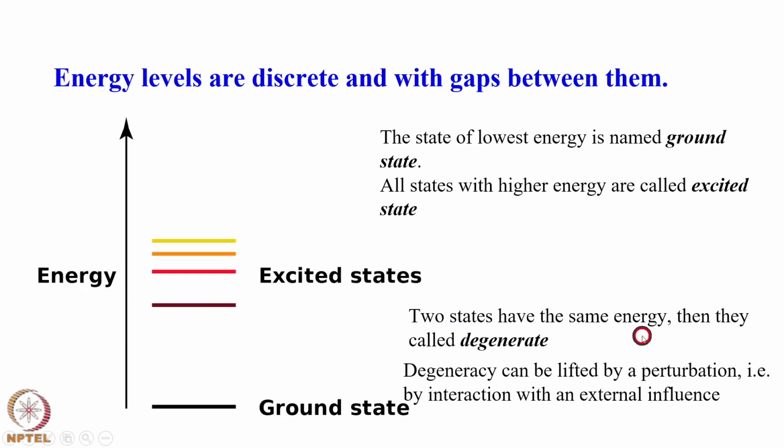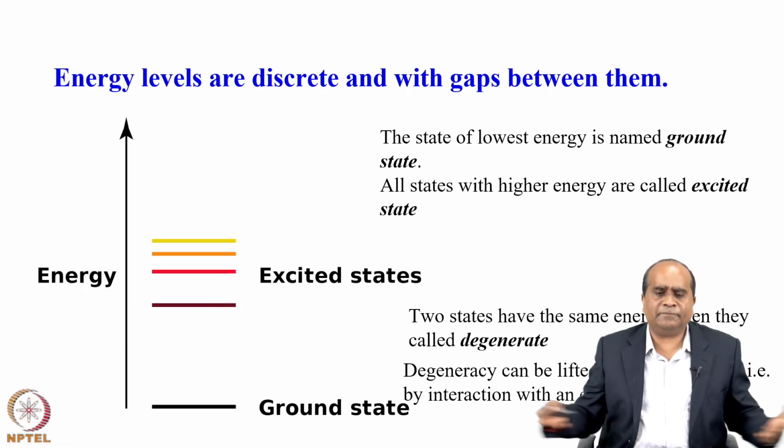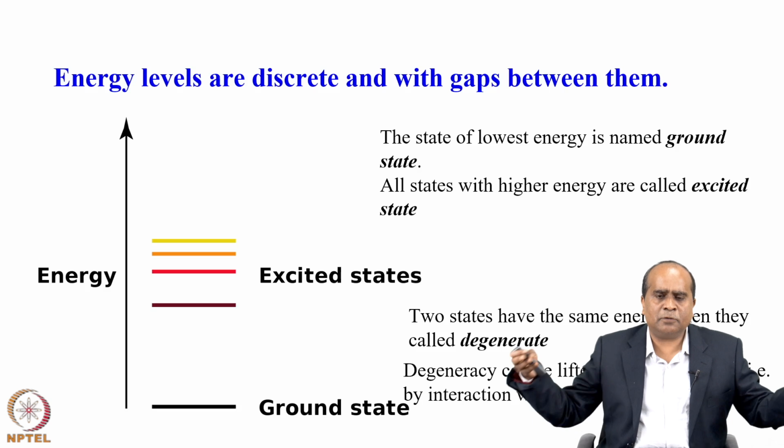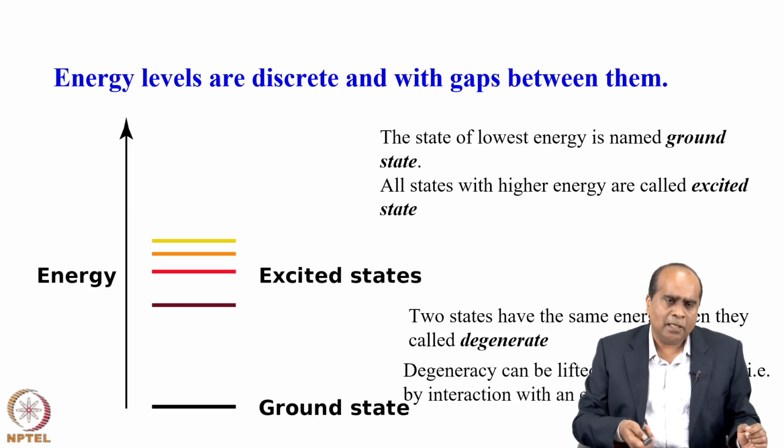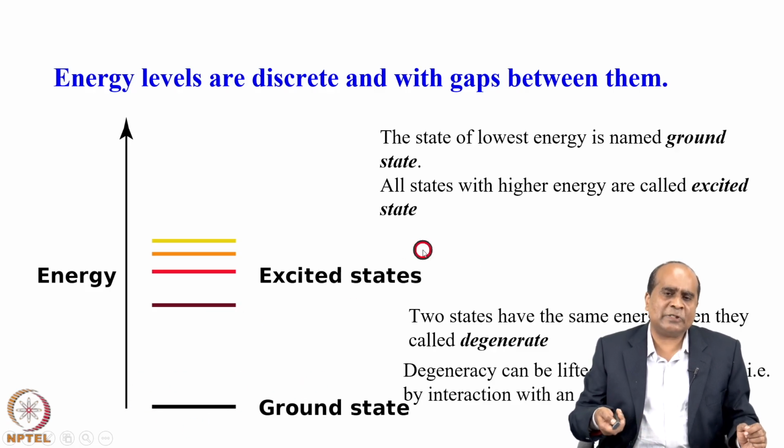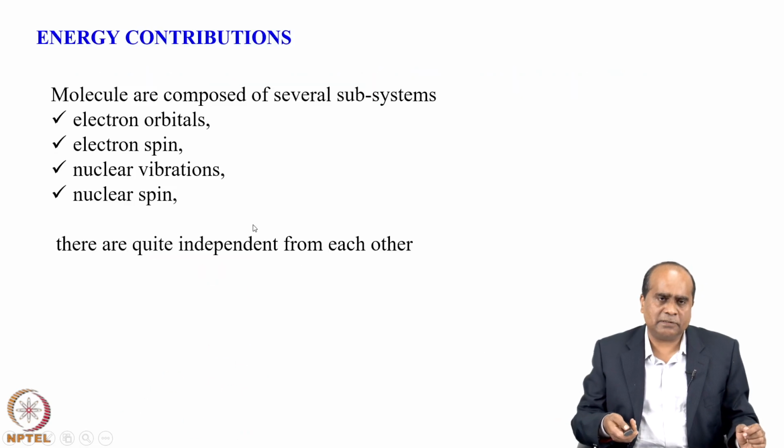So one has to lift that by putting some perturbation, the interaction or influence of some external stimulus. In NMR spectroscopy we lift that degeneracy by putting the molecule in a magnetic field. So in many spectroscopies that lifting of degeneracy is required, but essentially in a spectroscopy we shine an electromagnetic wave that takes the molecule from the ground state to an excited state, and that is the phenomenon that we study, right.